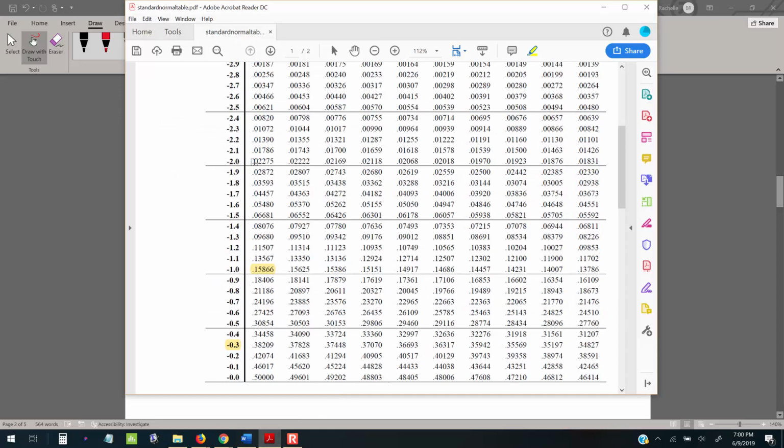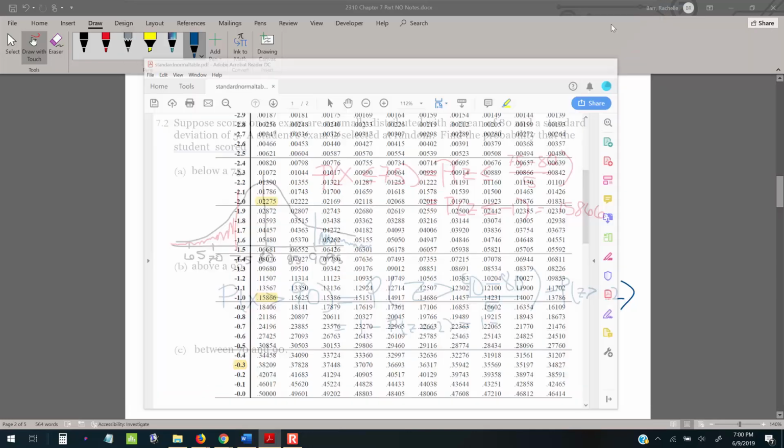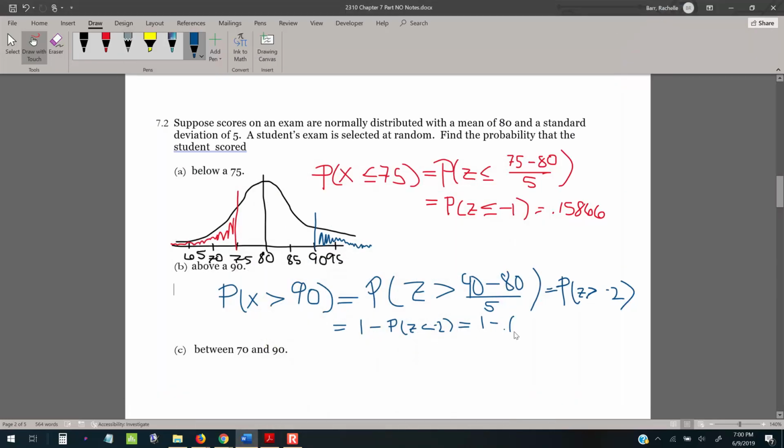I'm on the negative page. 0.02275. 0.97725. So that's pretty high.